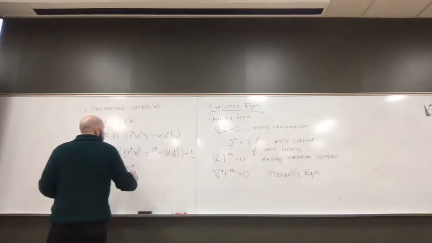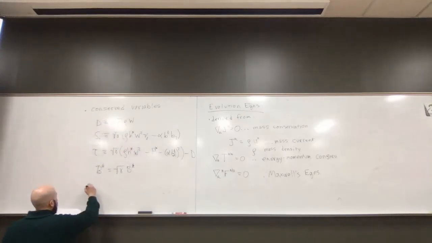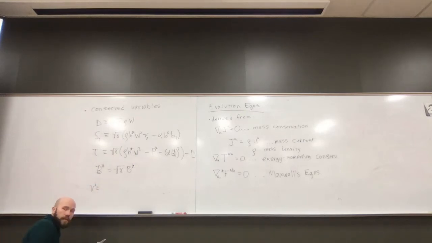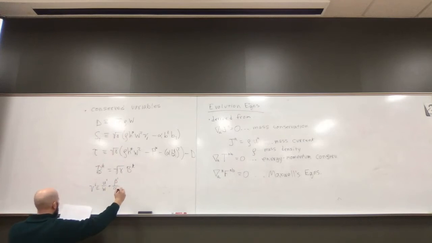And then, just for the definition's sake, our 3-velocity, which is a slightly different definition: v^i = u^i / W plus beta^i, the shift, over alpha.